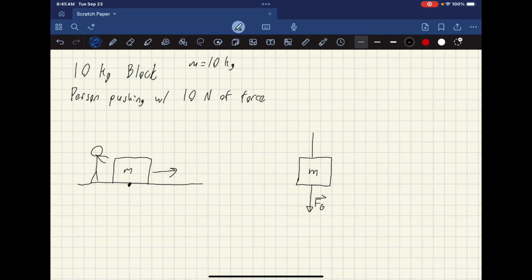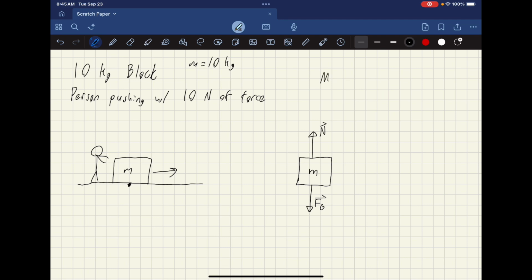Then we'll also say that there's an arrow coming out of the top of it, and this is going to be our normal force. The normal force is the counteracting force of gravity. So because the block is sitting on the ground and it's not falling through the ground, the normal force has to completely counteract gravity.